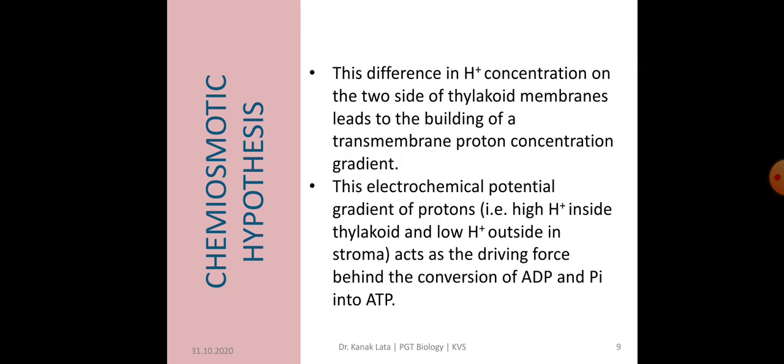The difference in hydrogen ion concentration on the two sides of the thylakoid membrane leads to the building of a transmembrane proton concentration gradient. Further, this electrochemical potential gradient of protons, that is high hydrogen ion inside the thylakoid and low hydrogen ion outside in stroma, acts as the driving force behind the conversion of ADP and inorganic phosphate into ATP.